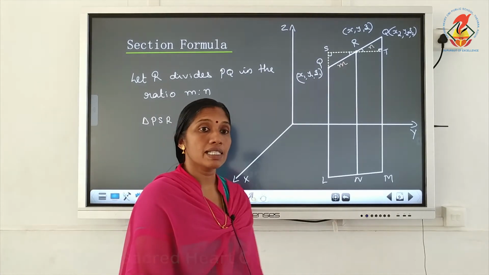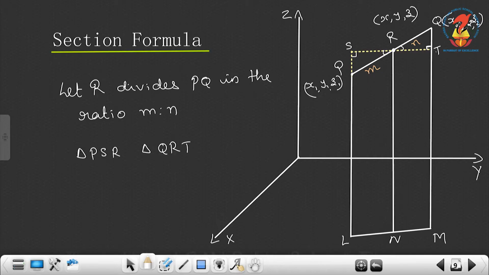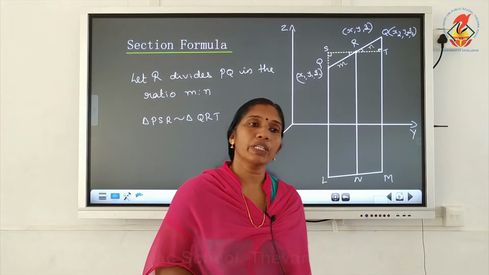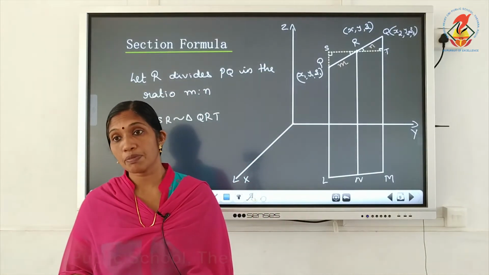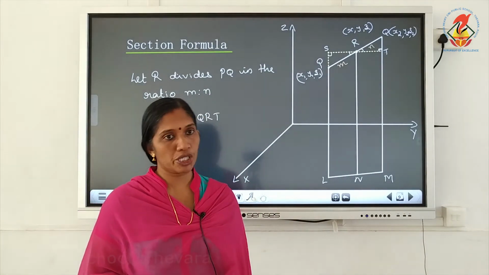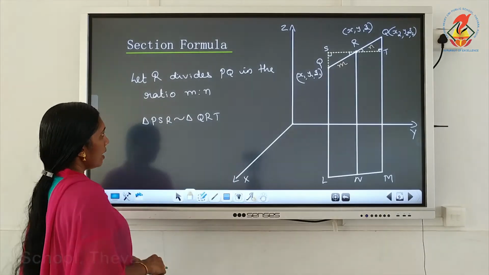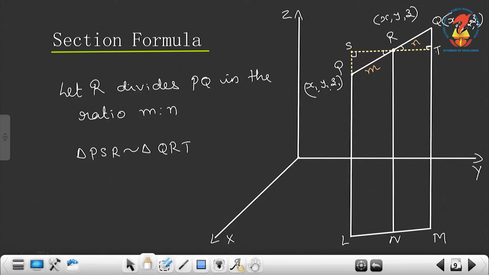That means the triangles are similar. If two triangles are similar, then their corresponding parts are proportional. So we can write PS by QT equal to SR by RT is equal to PR by QR.